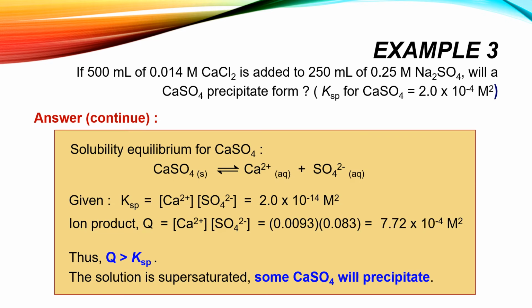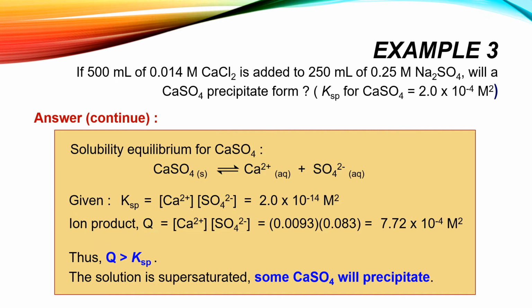The solubility equilibrium for calcium sulfate can be written as shown in the equation, whereby the calcium sulfate soluble salt dissociates to form calcium 2+ aqueous ion and sulfate aqueous ion. The value of Ksp is given as 2.0 × 10^-4.